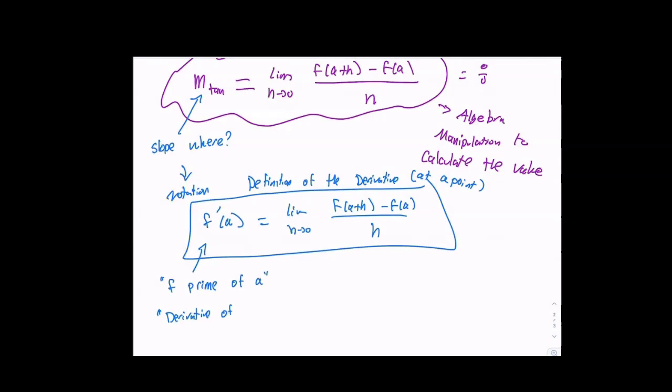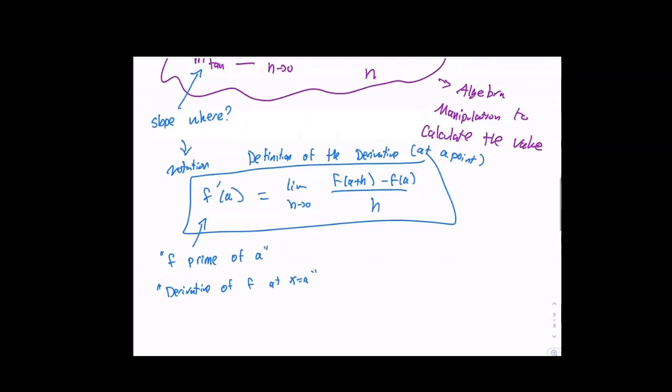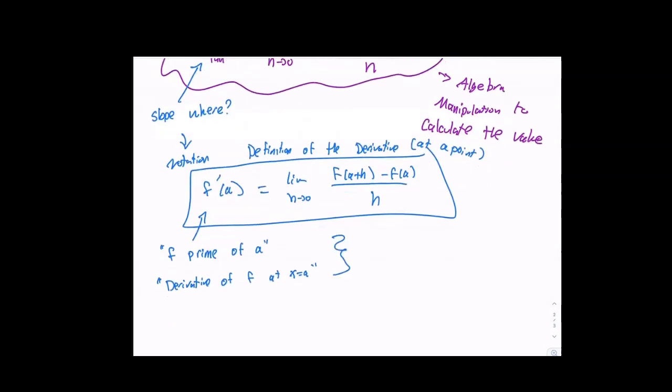But no matter how you read this, f prime of a or the derivative of f at x equals a, they both mean the slope of the tangent line to f of x at x equals a. It's just the notation that we use.